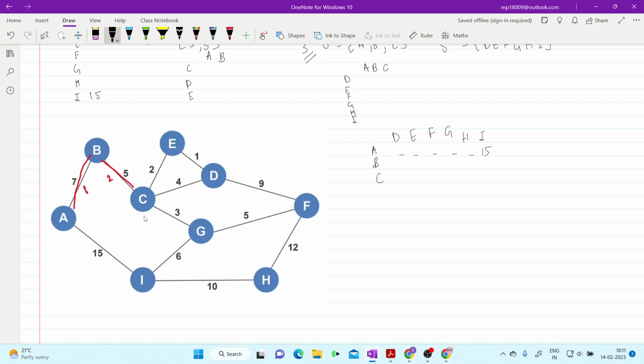Now if we look at B, these are all blank, and for C we have options. For C we have CE, which is 2, CD, which is 4, and CG, which is 3. So what is the next edge?